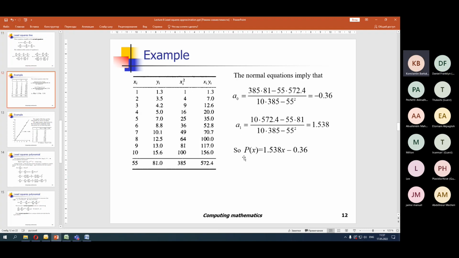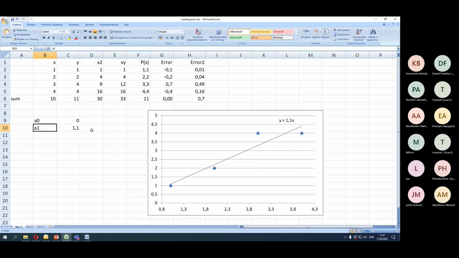I can use these formulas. And I can apply this formula to compute the value of a0.